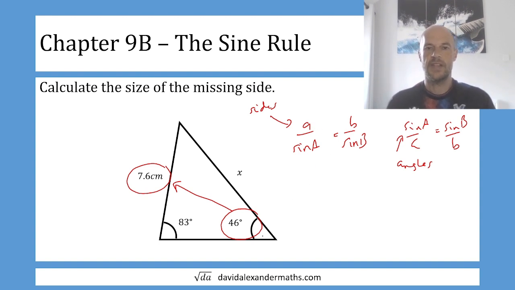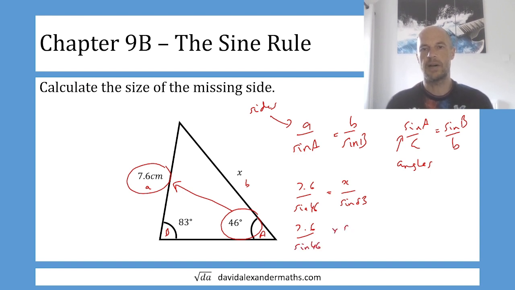Okay, so if this is angle A, well, this will be side a, and this is angle B, this is side b. So a over sine A, so 7.6 over the sine of 46 equals b, which is our x, over sine 83. Multiply both sides by sine 83, and we get 7.6 over the sine of 46 multiplied by the sine of 83, and that is the value of x.